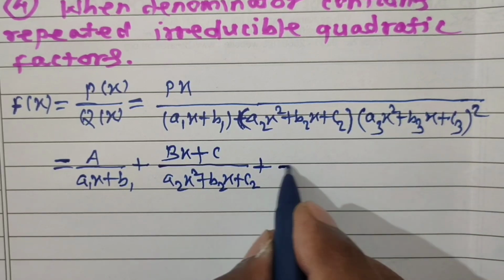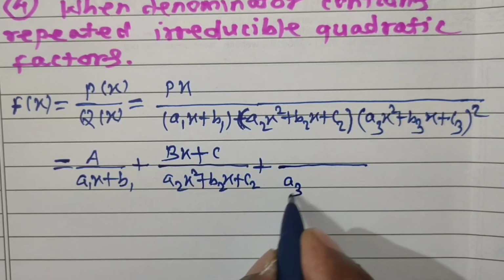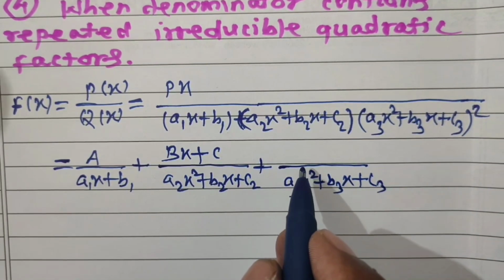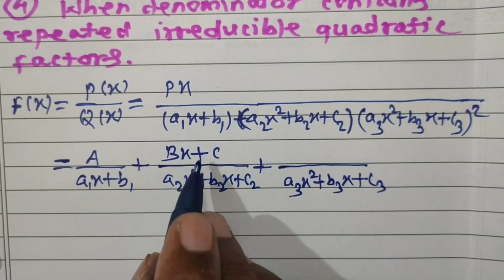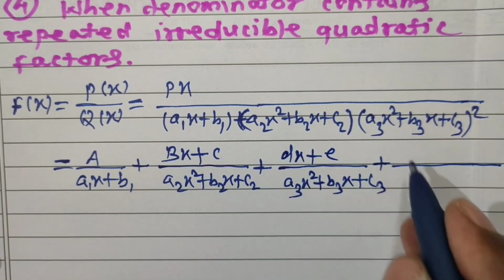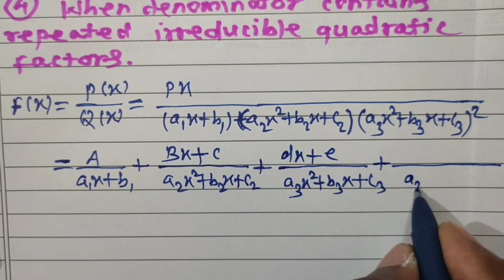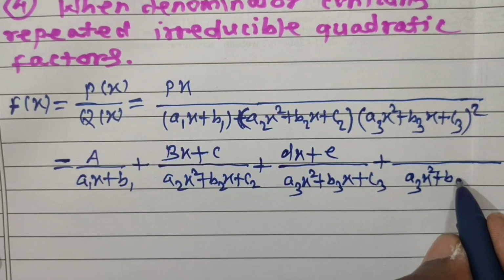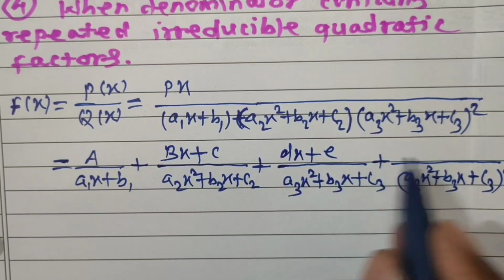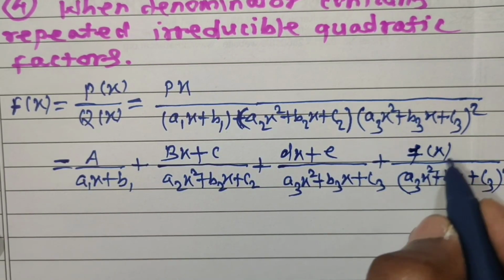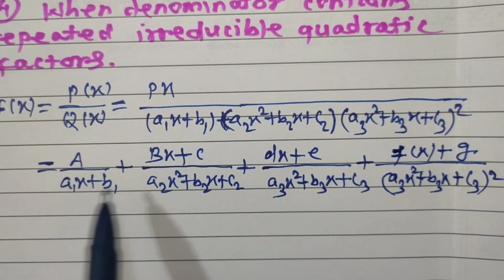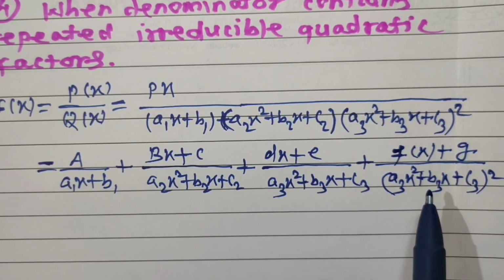First take its first power as the denominator, a3x square plus b3x plus c3, and numerator will be a linear factor, now dx plus e, and last its second power, a3x square plus b3x plus c3 square of this, and numerator will be the next arbitrary constant fx plus g. In this way you have to express given polynomial in this form.